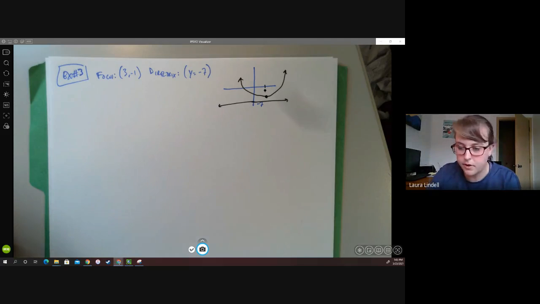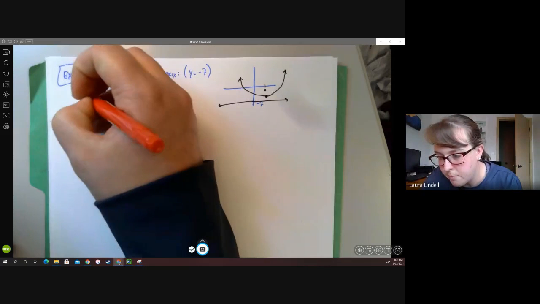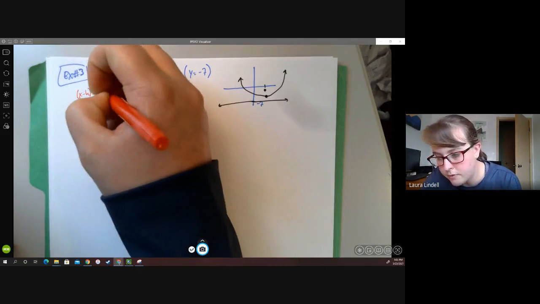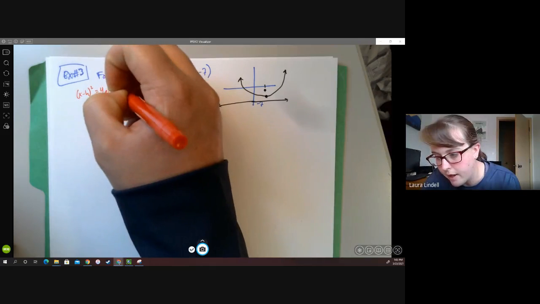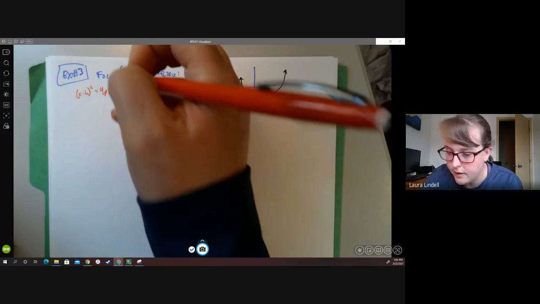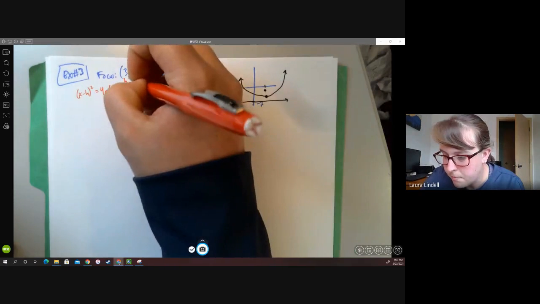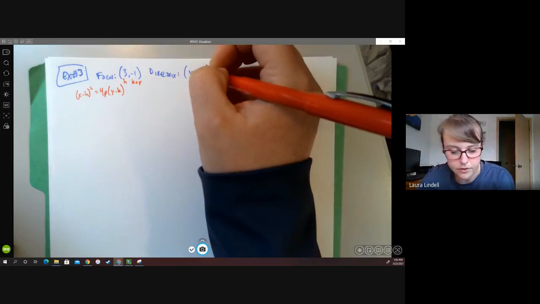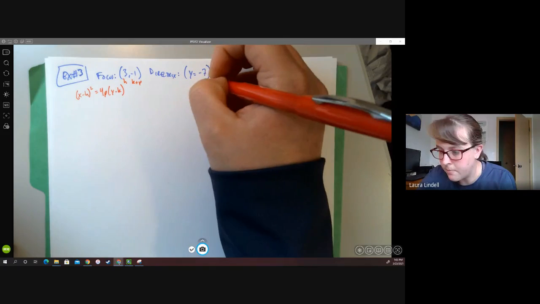So that means that we're going to be using (x minus h) squared equals 4p times (y minus k), our other set of equations. We also know that the focus is (h, k plus p), and we know that the directrix is y equals k minus p.